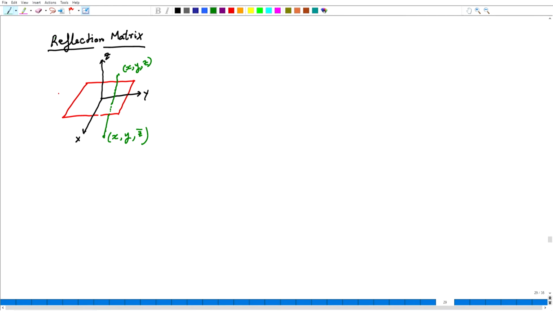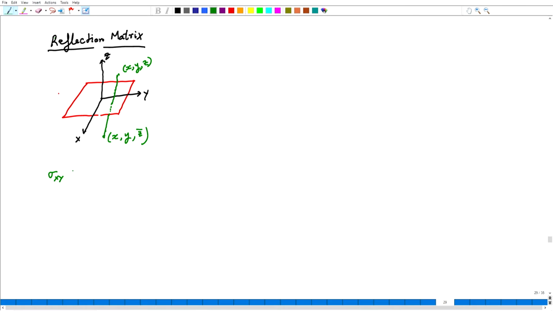So, very clearly, suppose this is the xy plane. The mirror operation, or the reflection operation, I will denote as sigma xy, denoting that the reflection is by the mirror lying on the xy plane.